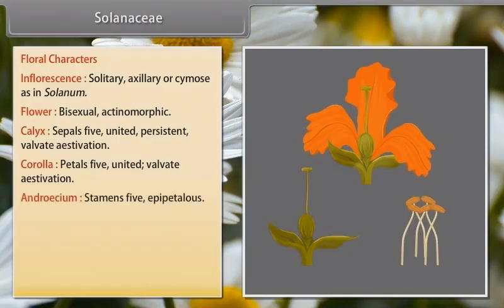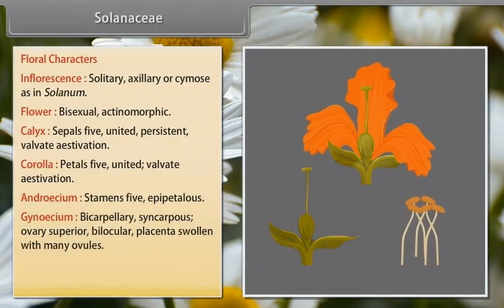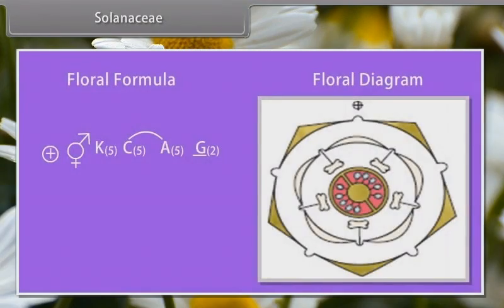Androecium, stamens 5, epipetalous. Gynoecium, bicarpellary, syncarpous, ovary superior, bilocular, placenta swollen with many ovules. Fruits, berry or capsule. Seeds, many, endospermous. Floral formula is, and this is the floral diagram.